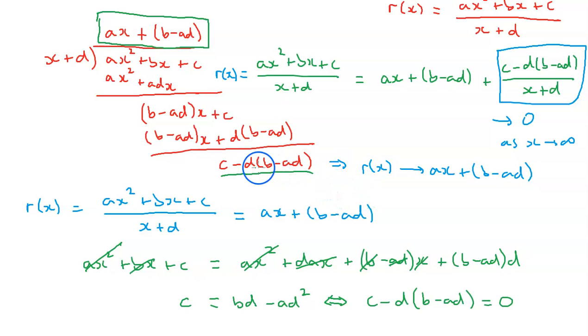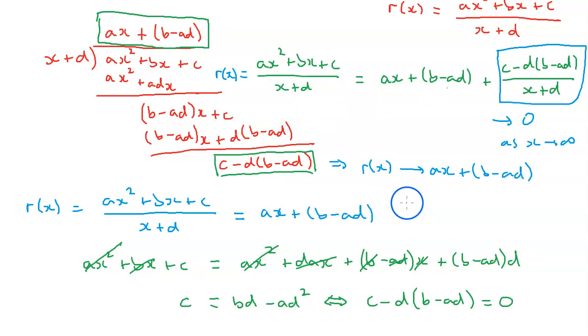And if we scroll up to our previous calculation, it's basically telling us it can intersect if and only if the remainder is 0 when we actually do the polynomial division of ax squared plus bx plus c divided by x plus d. In other words, if r of x can intersect with its asymptote here, if there is some value of x to make this equation true, it has to be the case that the remainder in this polynomial division equals 0.